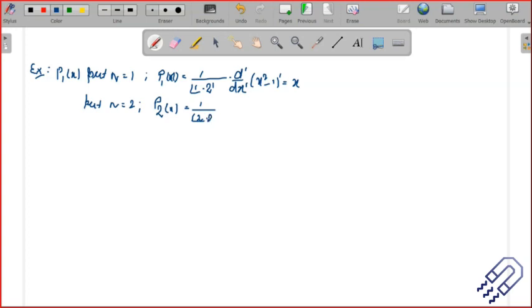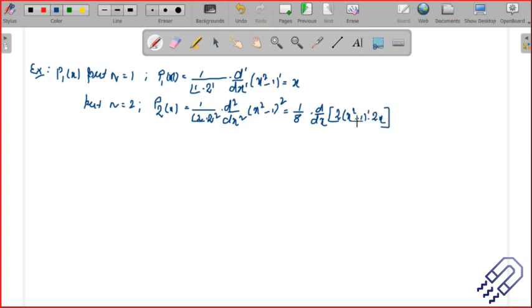So this will be 2 squared, and then this would be d^2/dx^2 of (x squared minus 1) squared, right? So 2 squared is 4, so 1 divided by 8, and then this is d/dx of, let me differentiate it once, so this is 2 times (x squared minus 1) to the power 2 minus 1, which is 1, into 2x.